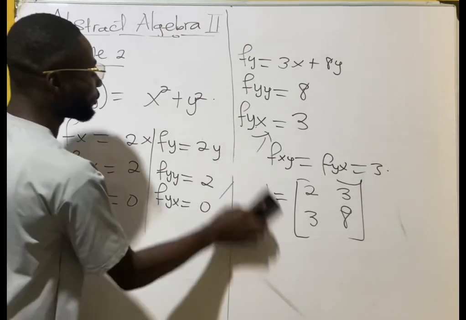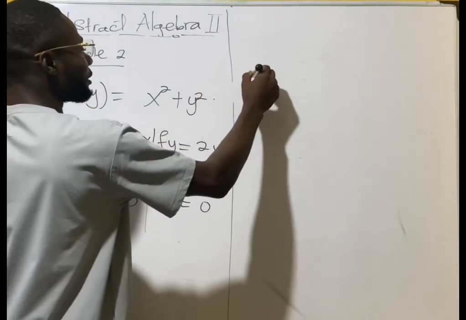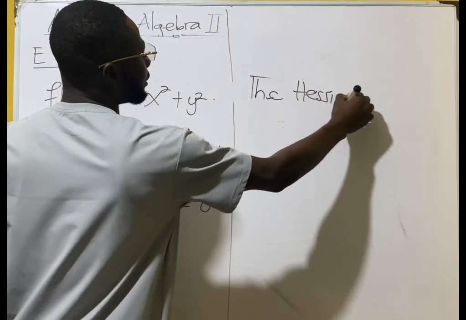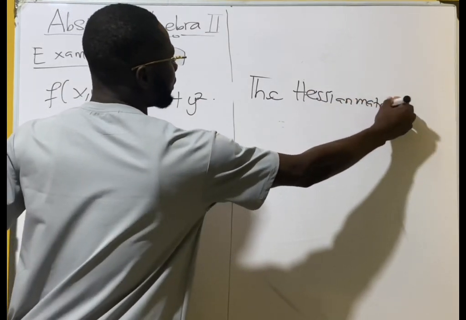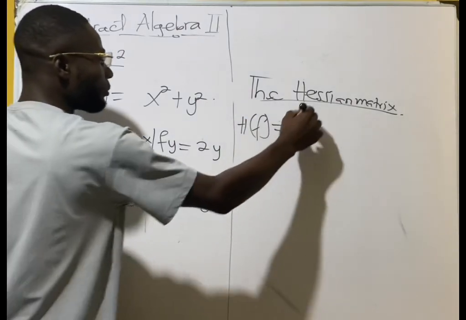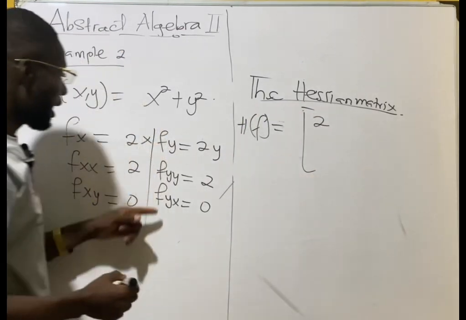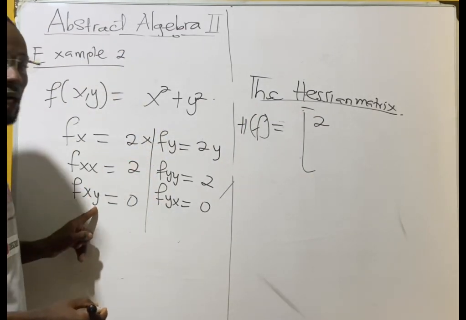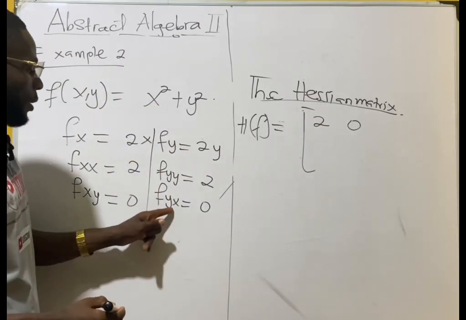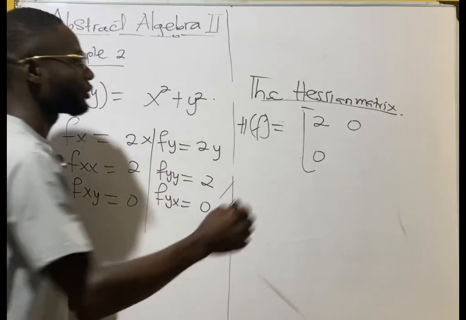So our Hessian matrix, denoted as H of x, will be equal to: our fxx is 2, our fxy is 0, our fyx is also 0, and our fyy is also 2.